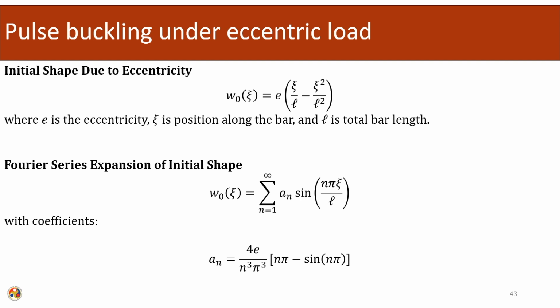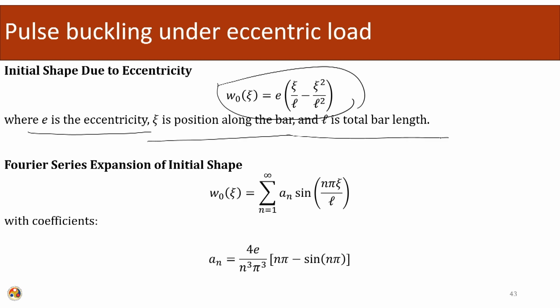So, let us assume that the initial shape due to eccentricity in the system can be approximated by this function, where E is the eccentricity, zeta is the position along the bar, and L is the total length of the bar.